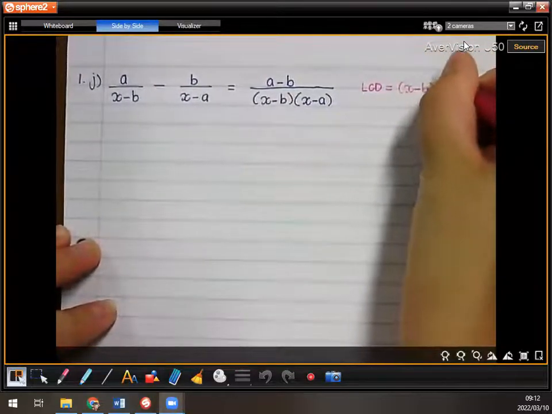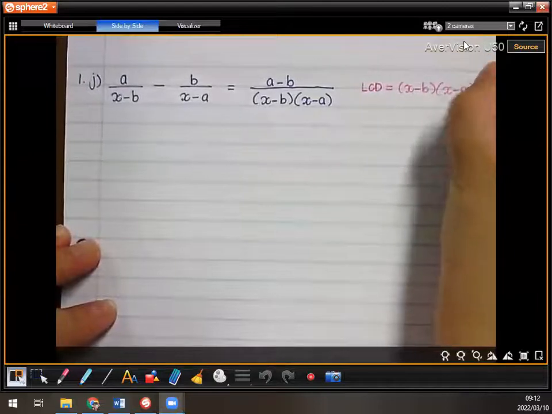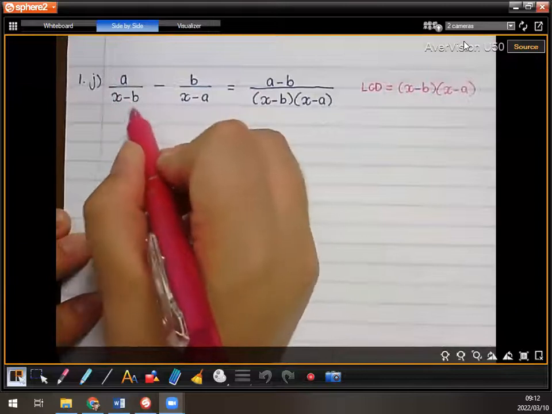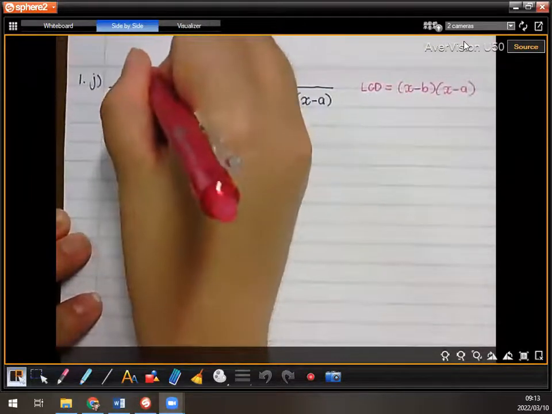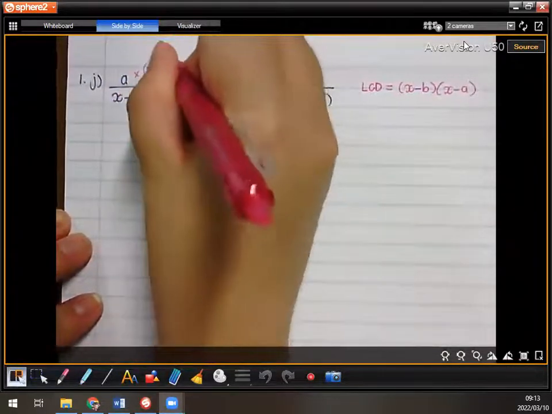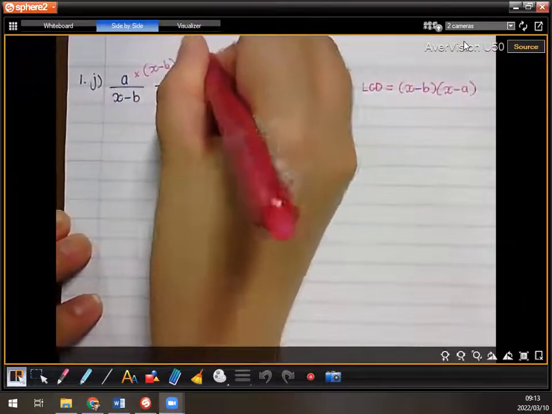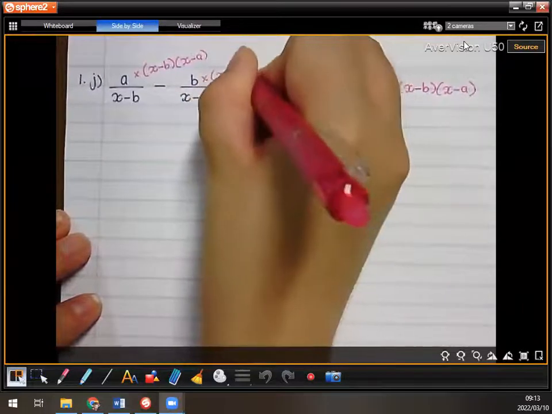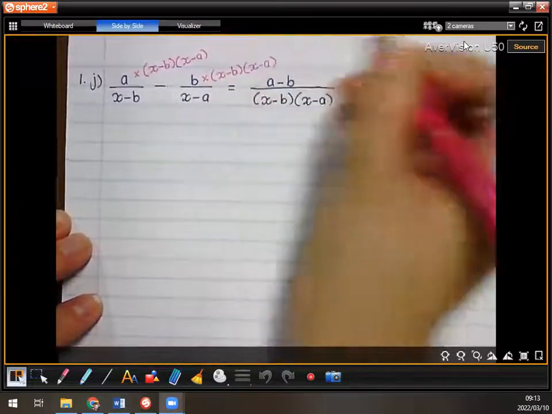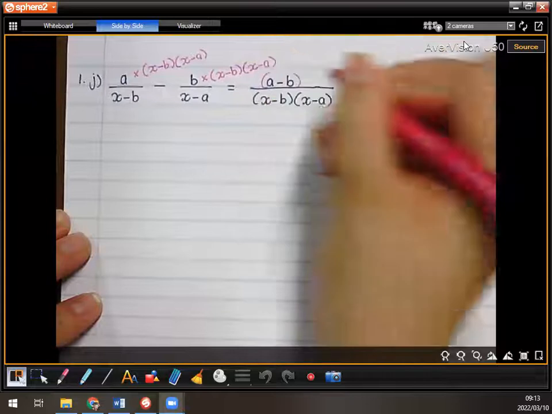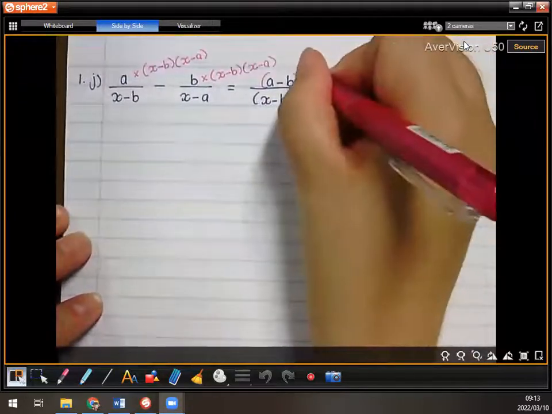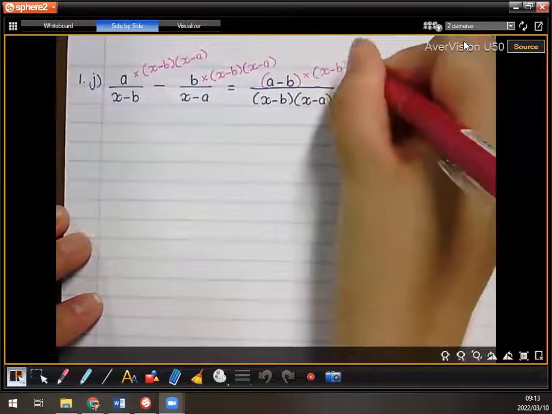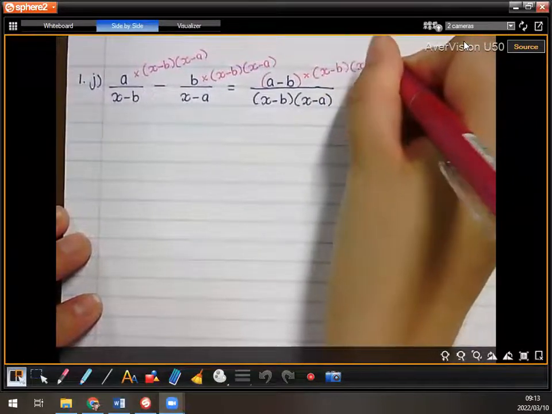So we multiply this term by x minus b, x minus a, and the next term by x minus b, x minus a. And the last term, which is two terms already, so I'm putting brackets around those, I must multiply by x minus b, x minus a also.